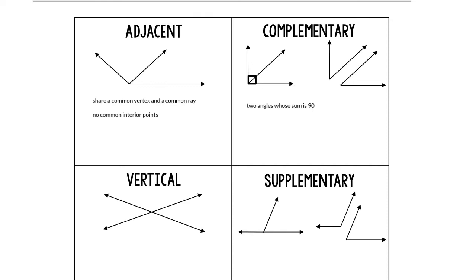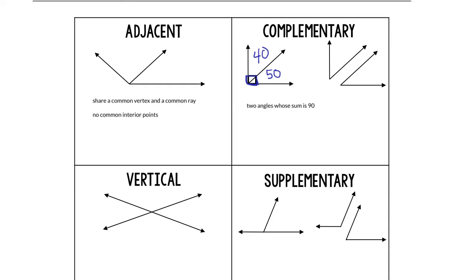So this little square at the corner here means that's 90 degrees. So we're going to say that this angle is 40 degrees and this other angle is 50 degrees. When we add those two together, that gives us this right angle we see here.